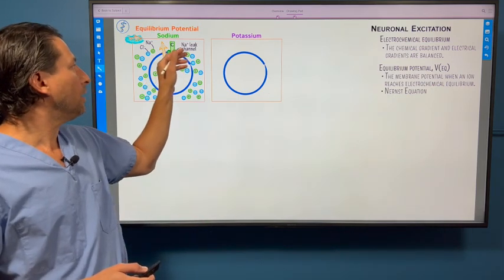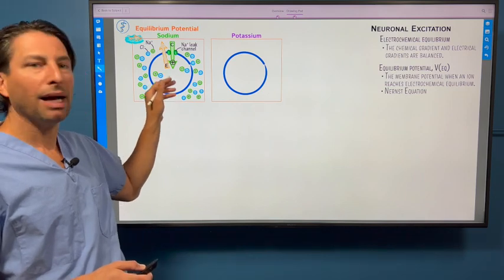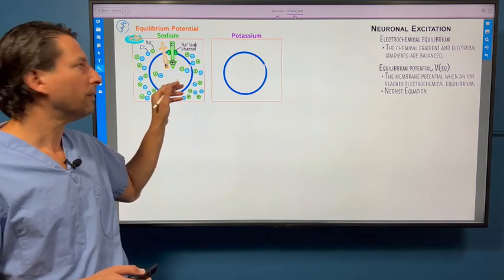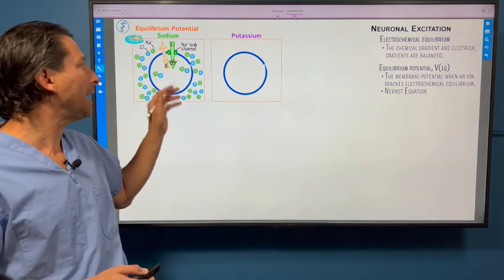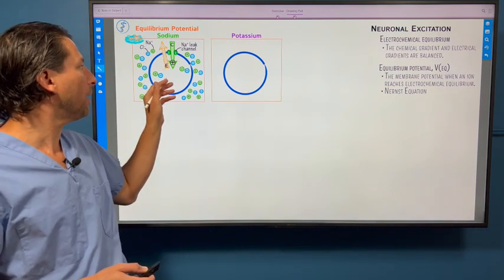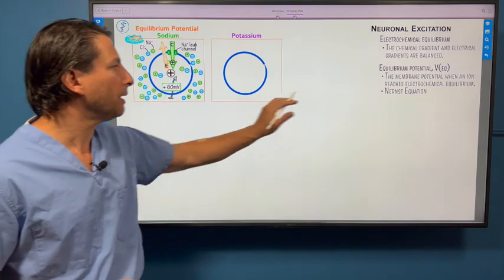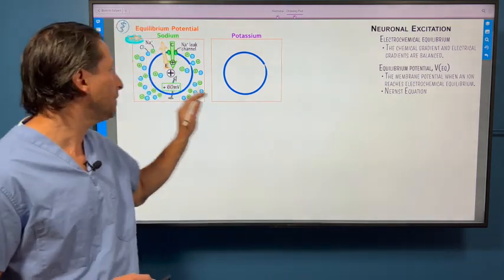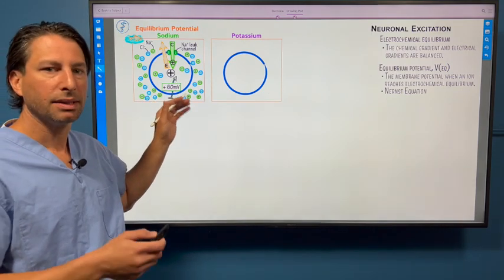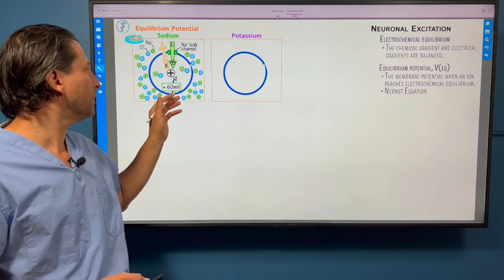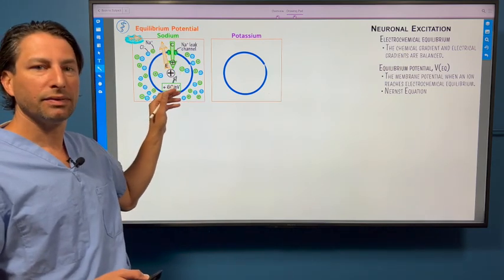Now, when the sodium rushes into the cell, it creates additional positive charge within the cell. This needs to be counterbalanced by an electrostatic gradient going the other way. So ultimately, the equilibrium potential for sodium is plus, and these are rough estimates because they vary, 60 millivolts, because additional sodium brings in positive charge.